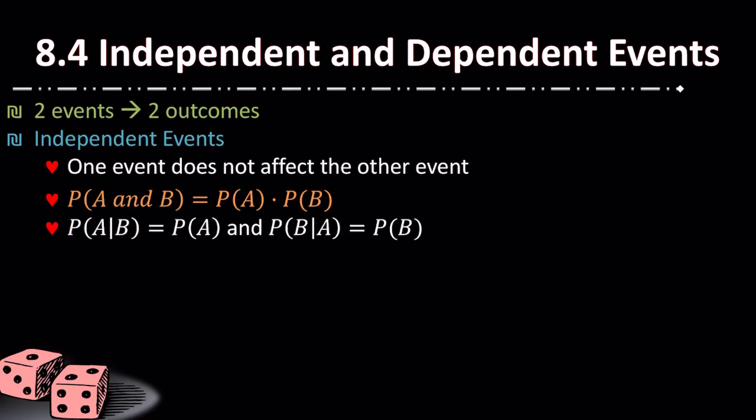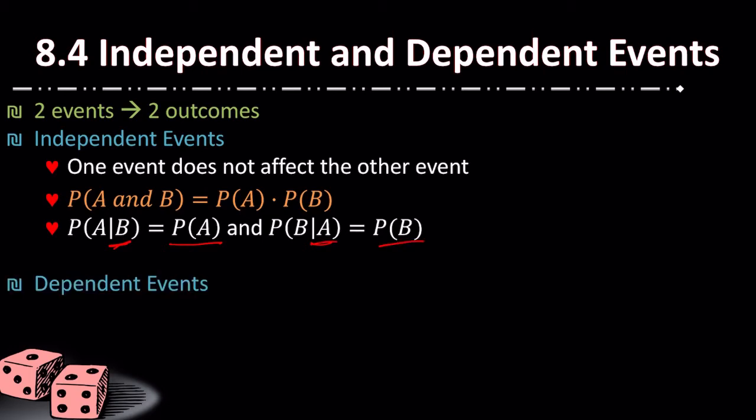Or the probability of A, given that B occurred, would be the probability of A, and the probability of B, given that A occurred, would be just the probability of B. Which means if they are completely independent, this conditional probability is the same as its individual probability. So the fact that it's given B happened doesn't affect the probability, or given that A happened doesn't affect the probability.